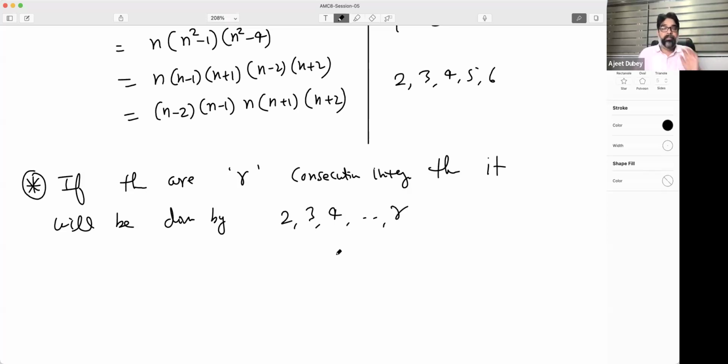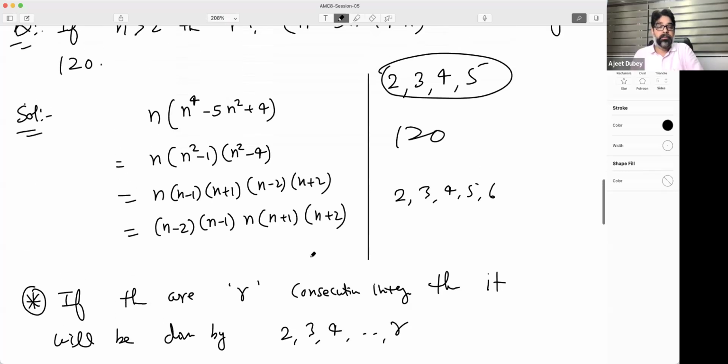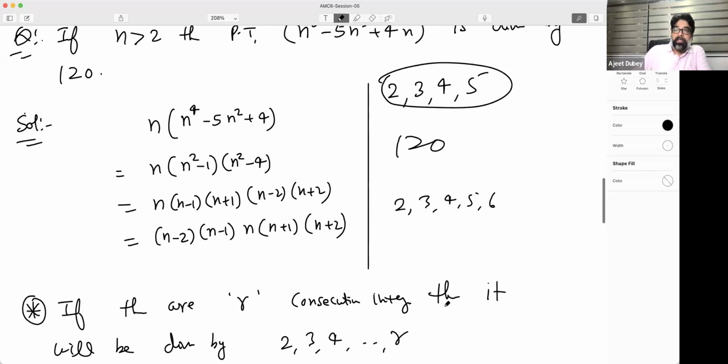Every integer. It will be divisible by 2 also, 3 also, 4 also, till r. It means it will be divisible by the product of those numbers also.